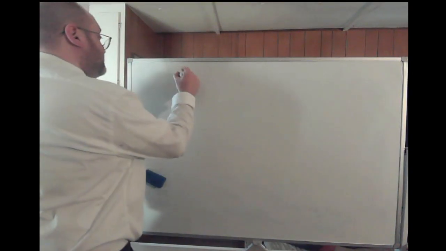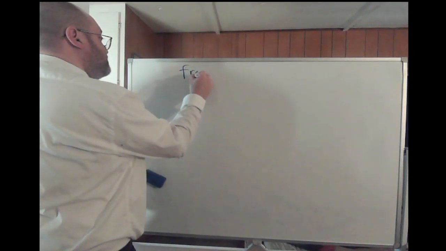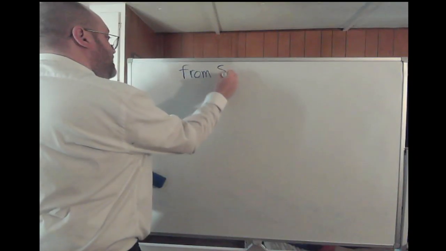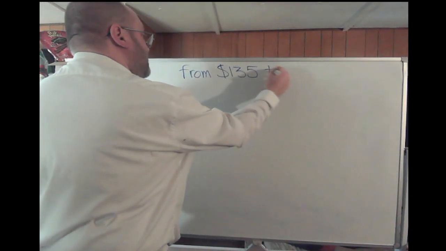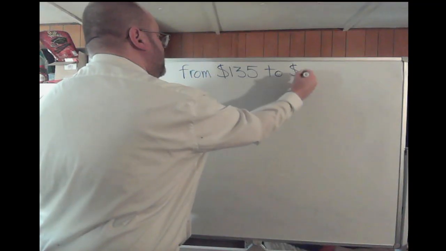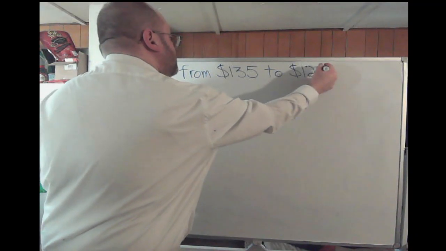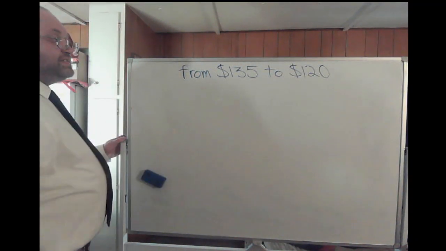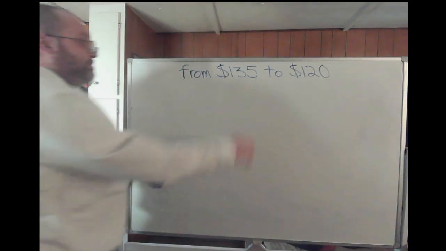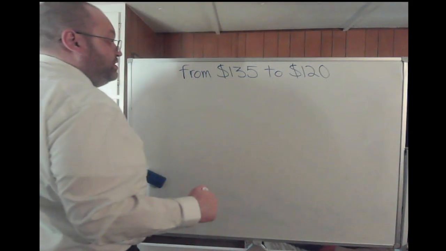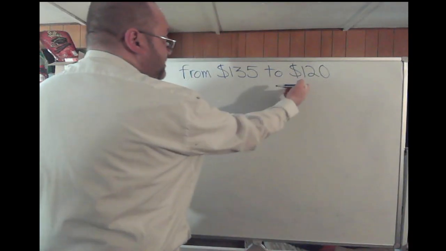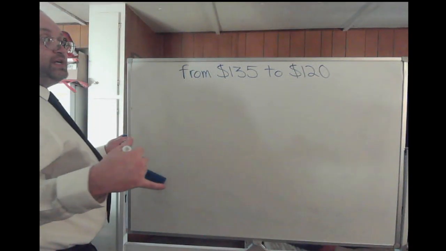Okay, let's say your bank account starts with $135. You drop down to $120. So let's say you went to the gas station, bought some gas, you dropped down to $120 in your bank account. Well, we can clearly see from 135 to 120, that's a decrease.